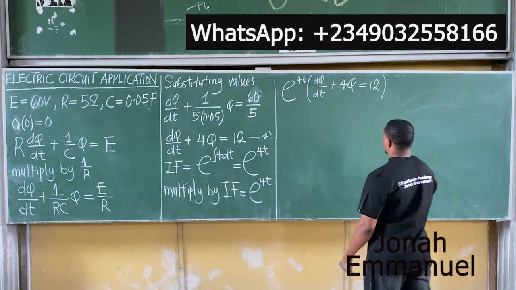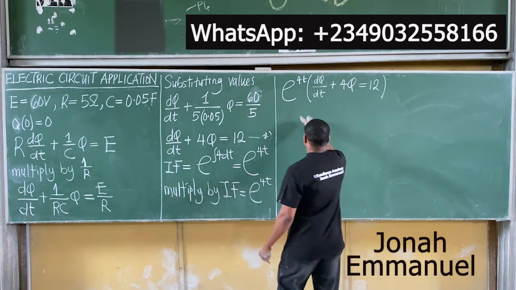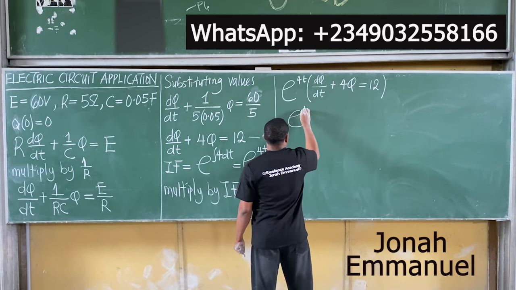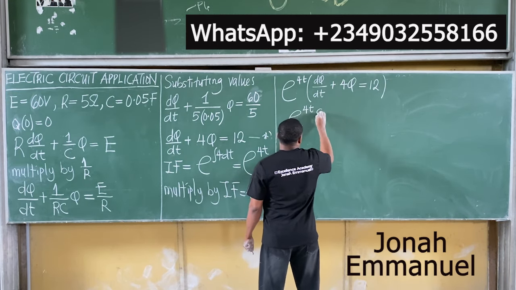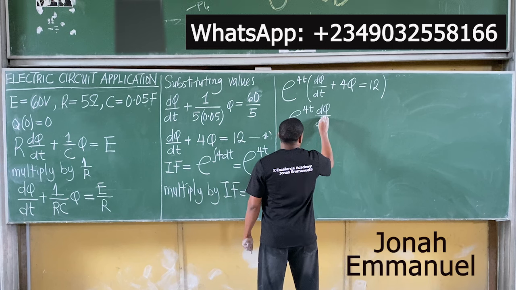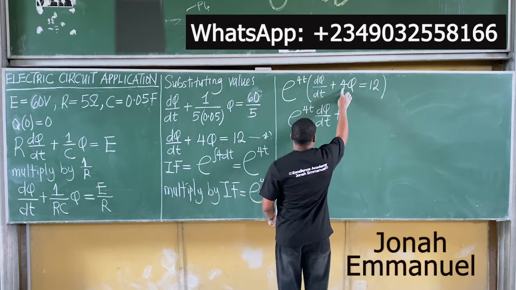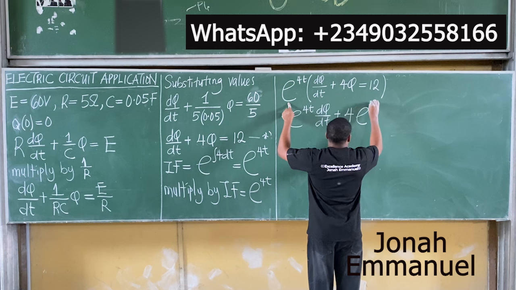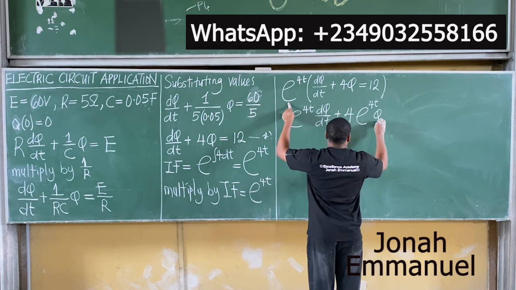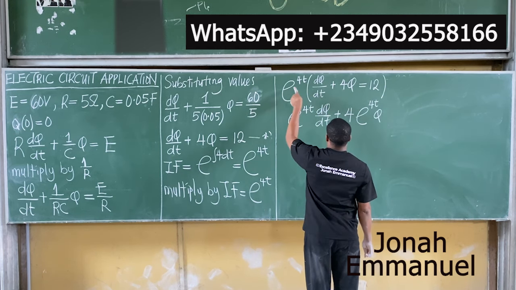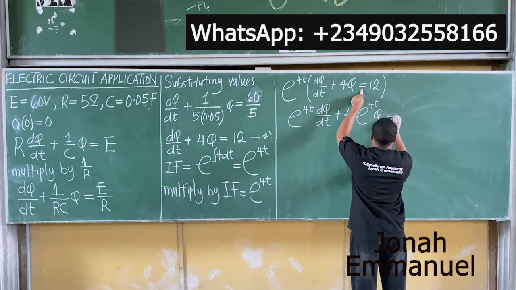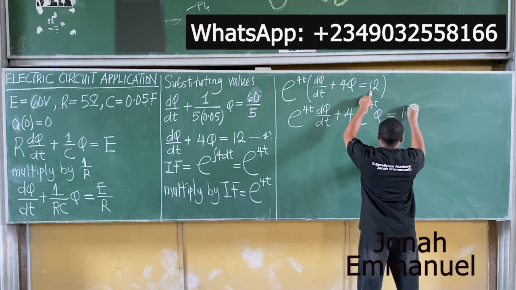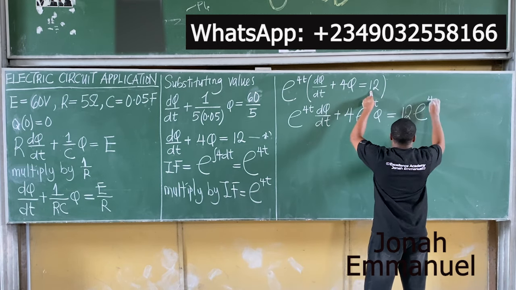Let's expand this. We have exponential 4t dq over dt, plus the 4 comes first, then exponential 4t, then add your q there. So 4 into this, it's equal to 12 exponential 4t.